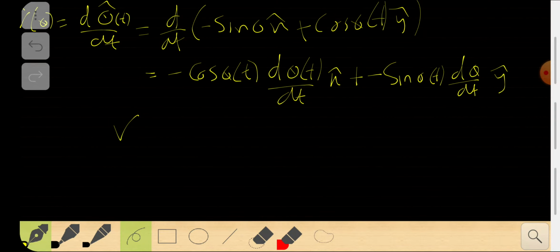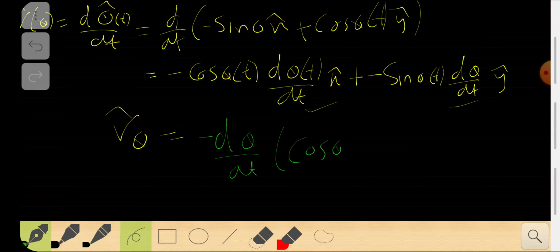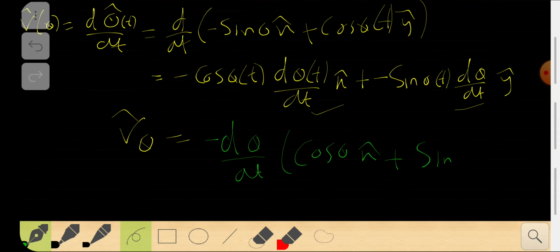Now we got that, so that's d theta cap by dt, which is the velocity component in the theta cap direction. I'm going to take out the d theta by dt outside, and the minus sign as well. Inside I get cos theta x cap plus sin theta y cap, right?